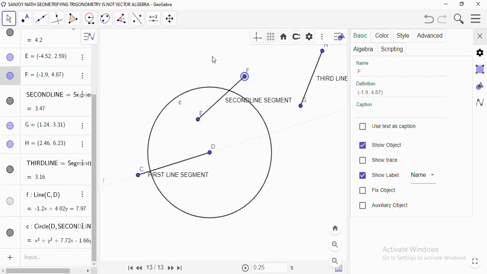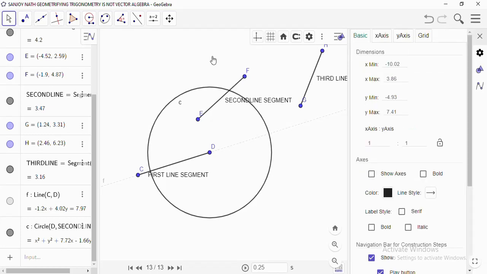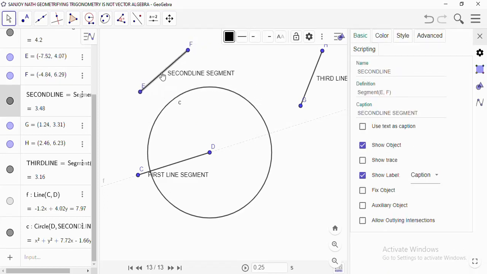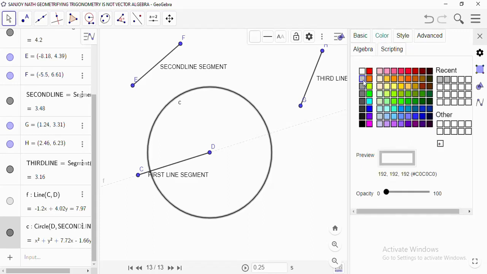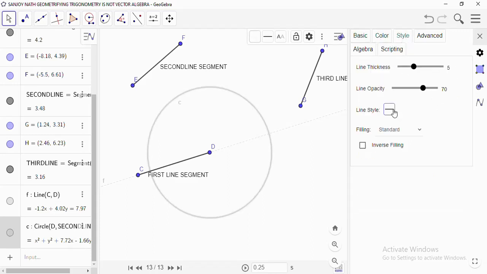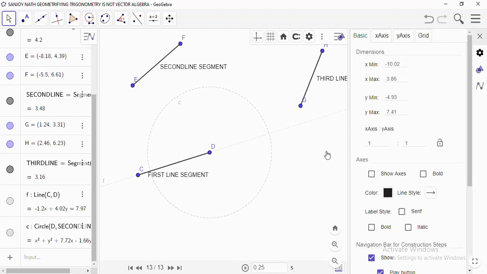It is certain that the center is fixed at the end point and the length is taken from this second line, and we are keeping the second line here. We can move the line anywhere; as long as the length does not change, this circle is not going to change. This circle is also a reference construction circle, and we set its color and style like this, with reduced thickness so that we can understand it easily.